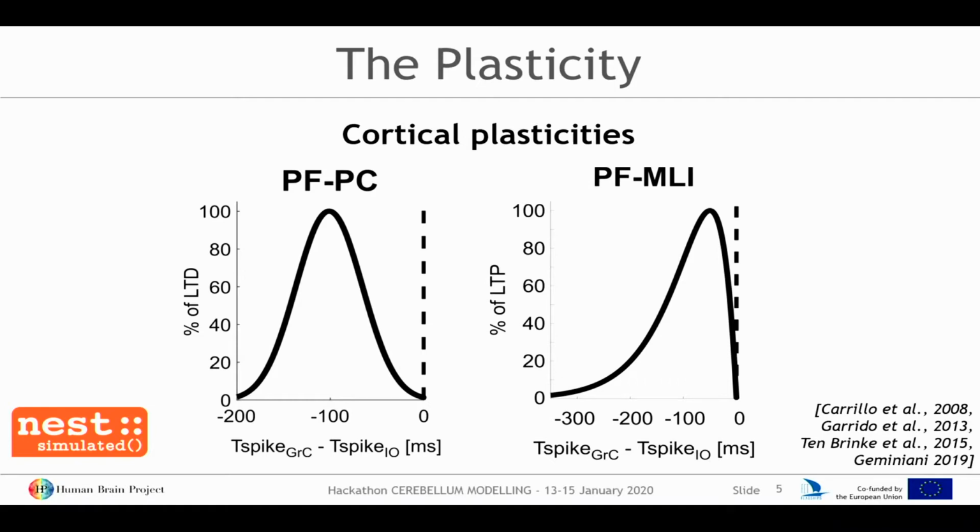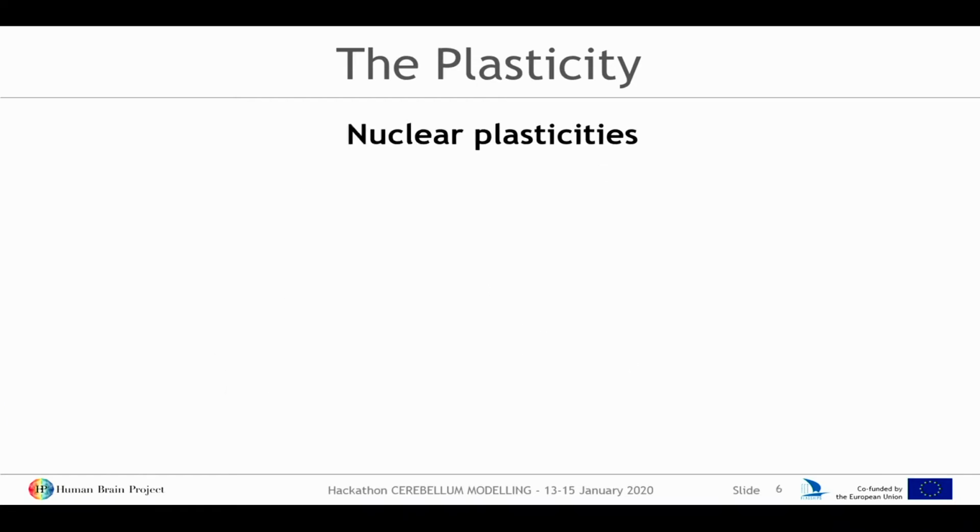And this change, so the amount of increase in the weight, depends again on the timing. And in this case, the peak is around 50 milliseconds before the arrival of the climbing fiber spike, or the inferior olive spike. And we have reproduced those kernels in NEST.